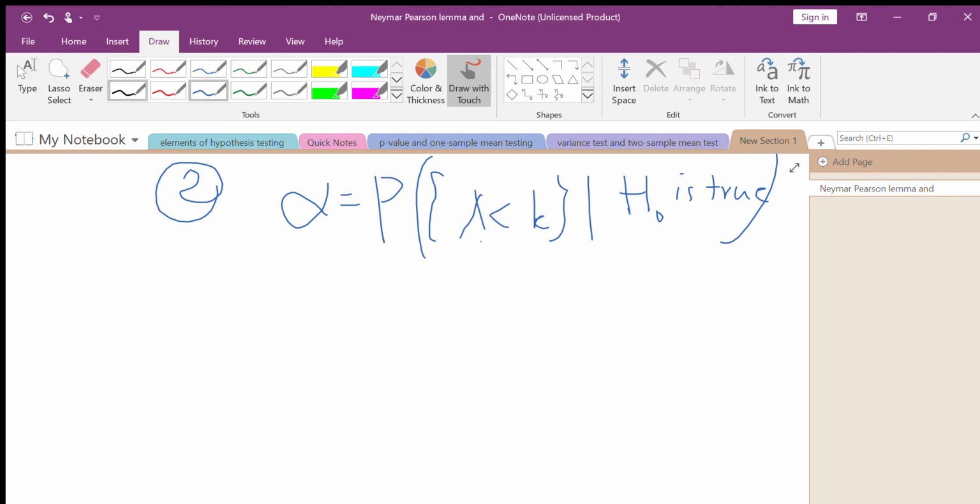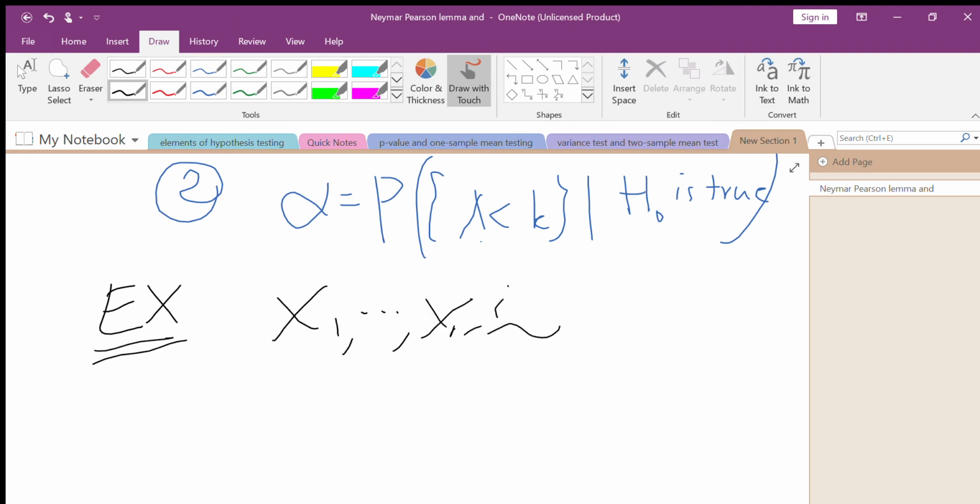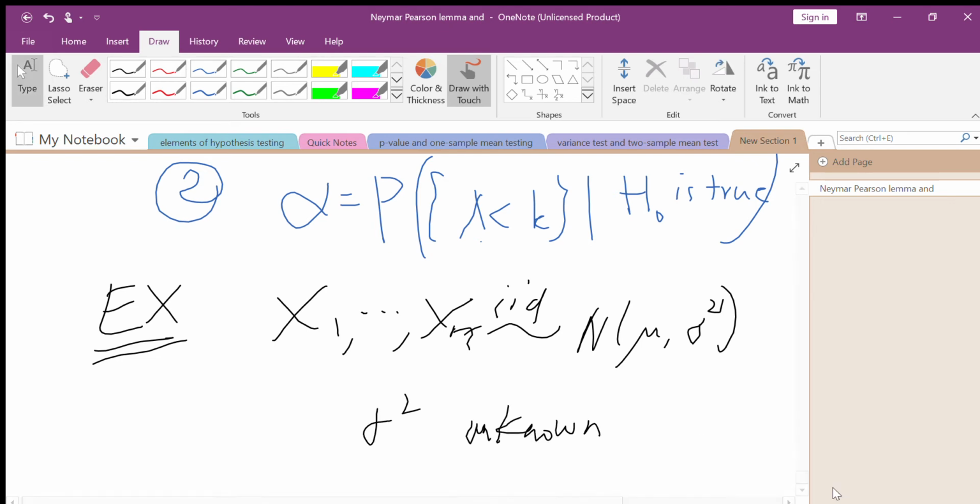so let's see a specific example of how to find this. Let's see an example. Example: random sample capital X1 up to capital Xn i.i.d. normal mu, sigma squared, but this time sigma squared is unknown.